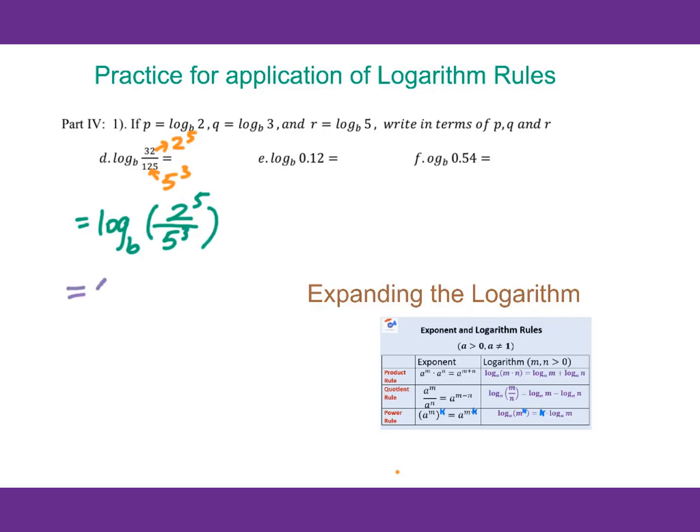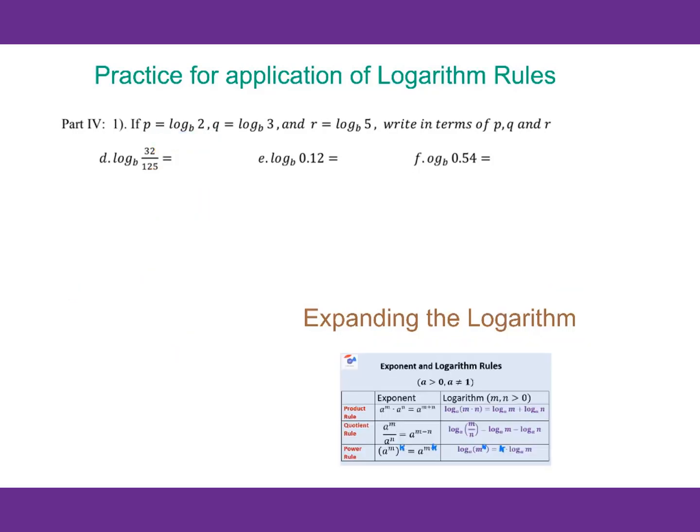You get 5 log base b of 2 minus, exponent drops down, 3 times log base b of 5. Then we plug in. Log base b of 2, that is p. So 5p minus 3r.